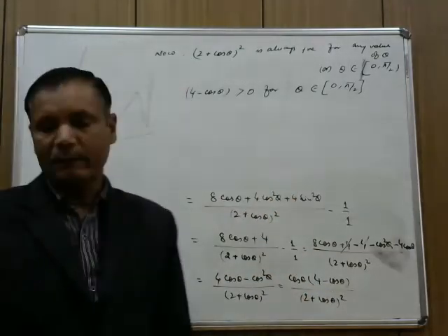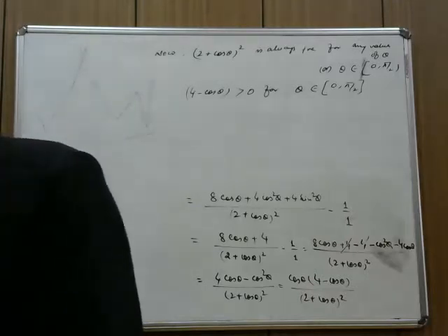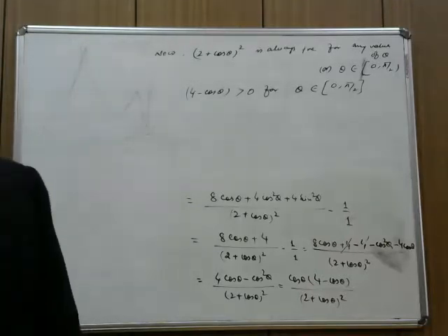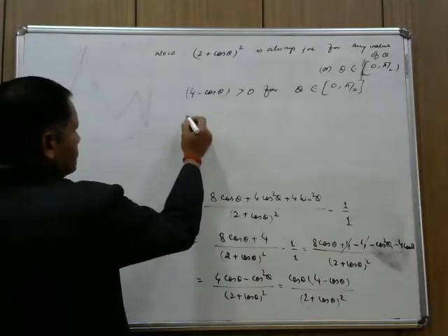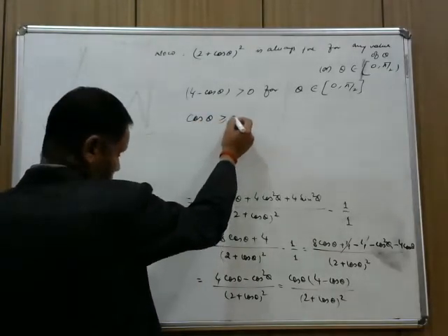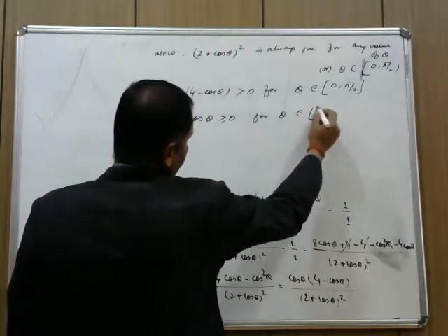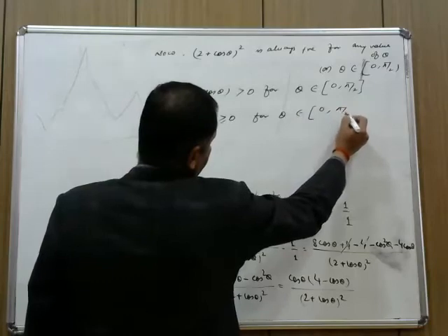Now it totally depends on what? On cos theta. So we conclude that cos theta is greater than or equal to 0 for theta belonging to the interval 0 to pi by 2.